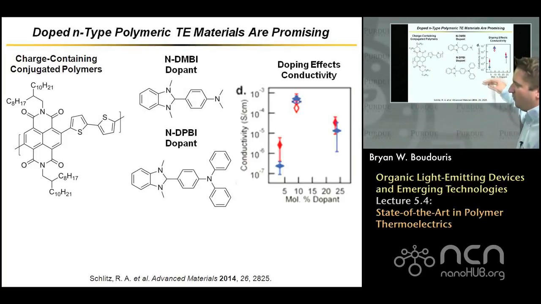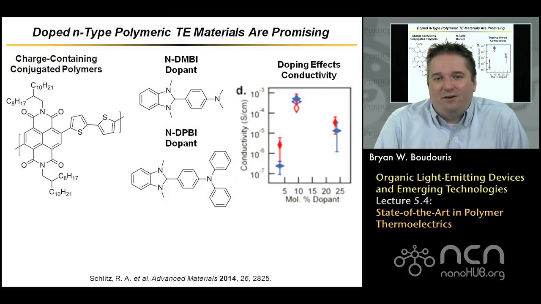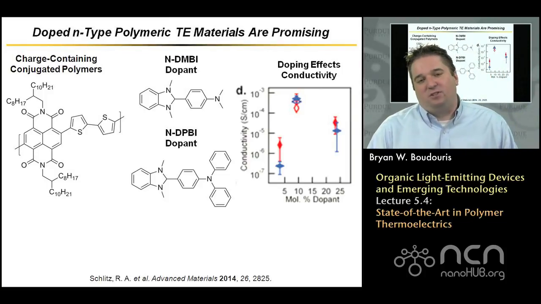At relatively low molecular dopant concentrations, between 5 and 25%, we see a 3 order of magnitude increase in the conductivity of these materials. You'll note that the conductivity is 10 to the minus 3 Siemens per centimeter at the maximum.